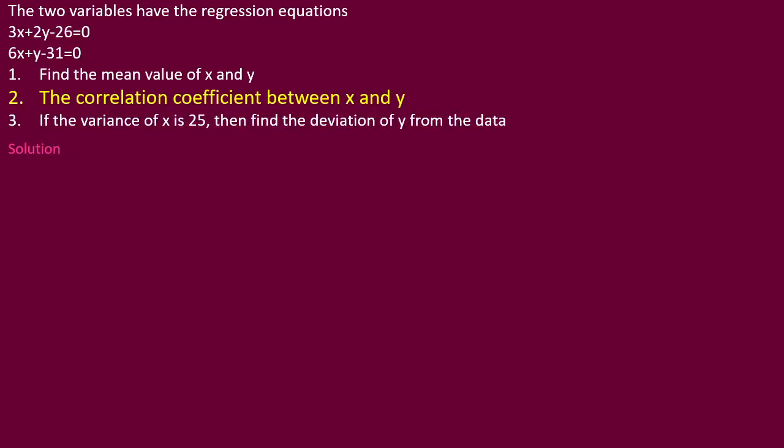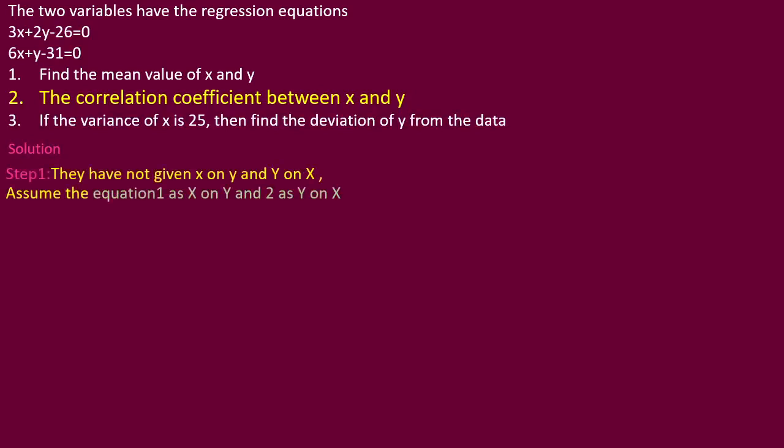I'll move to the second one, the correlation coefficient between x and y. So correlation coefficient is what we need to find out. They have not given which one is x on y and which one is y on x.